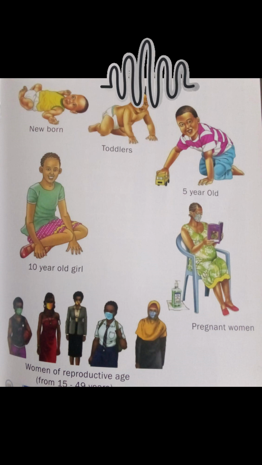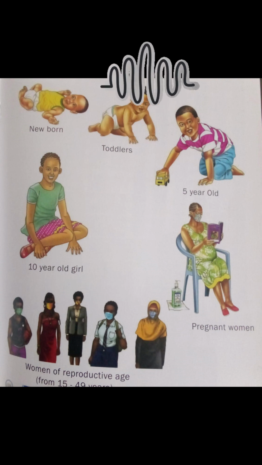And the vaccine safety. What is the safety of these vaccines that are being given? Vaccines used for immunization in Kenya are safe. However, it is important to report any side effect to the nearest facility.